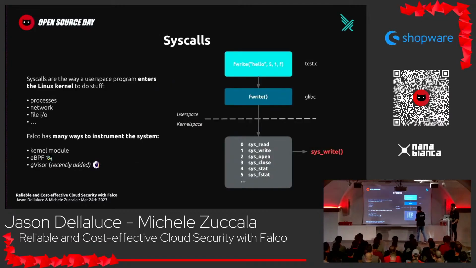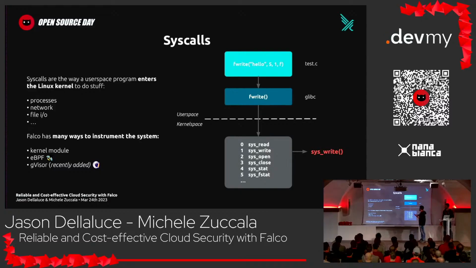If we look at a very easy example, I'm sorry for the color, it's suboptimal. Let's pretend you have a C program that wants to write the string hello into a specific file handler. What happens behind the curtains is that your program calls the kernel saying, hey, I want to write some buffer into a file descriptor.